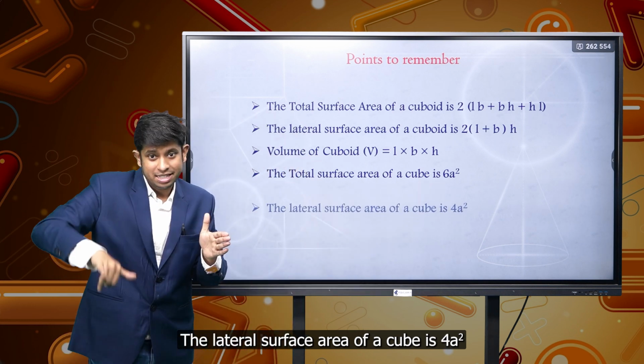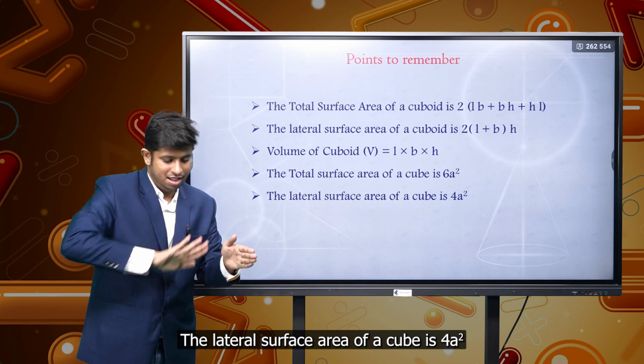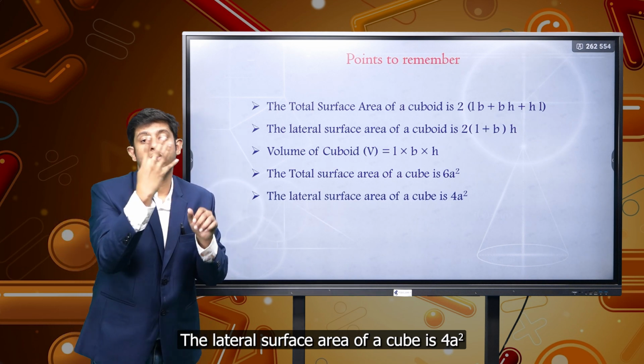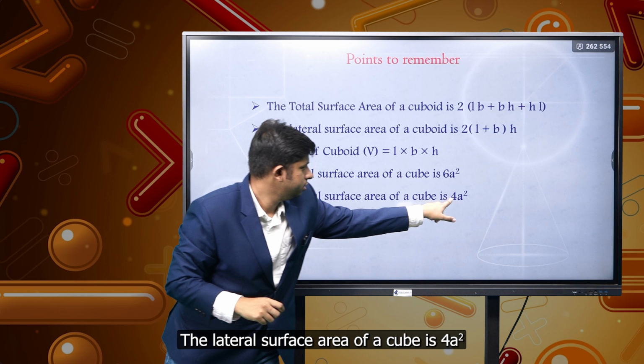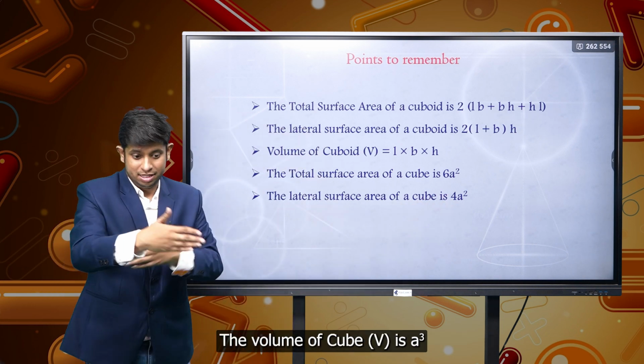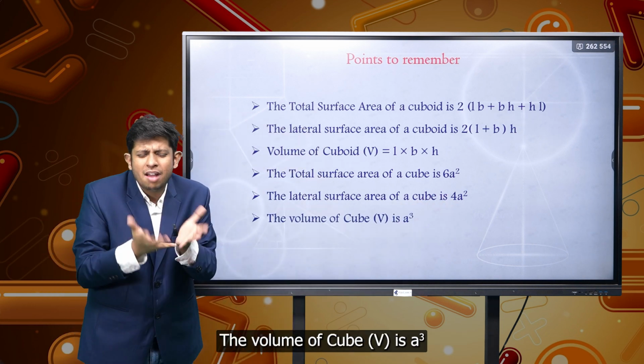The lateral surface area of a cube is 4A square. The volume of the cube V is A cube.